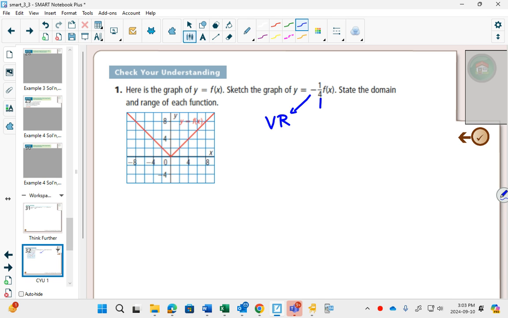The 1/4, and maybe I'll put this in brackets because it's the first time we're using this letter, is going to be a vertical compression. V is for vertical.